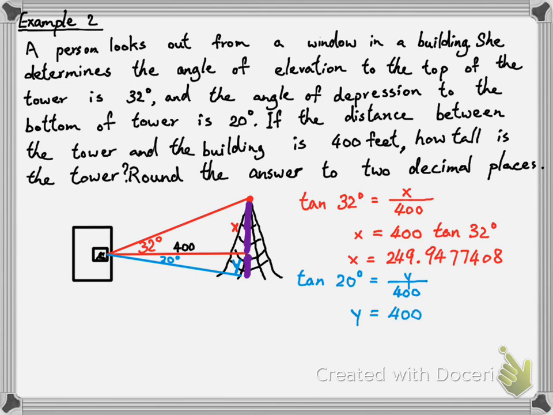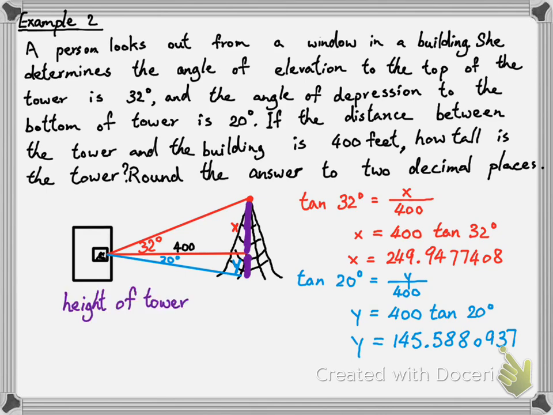So now y equals 400 times tangent of 20 degrees, so that we find y equals 145.5880937.